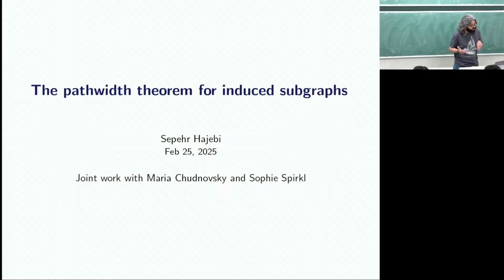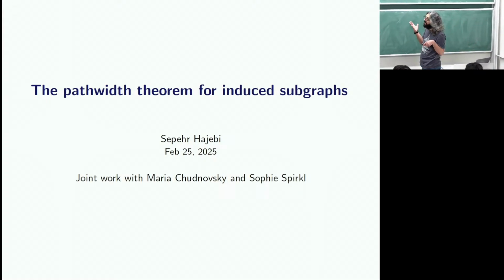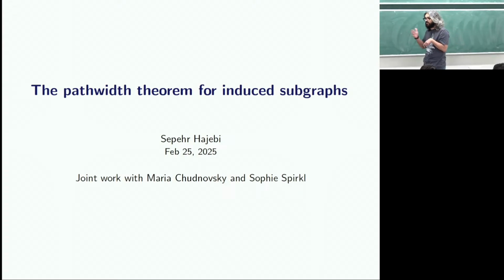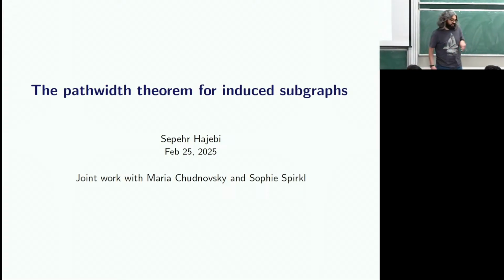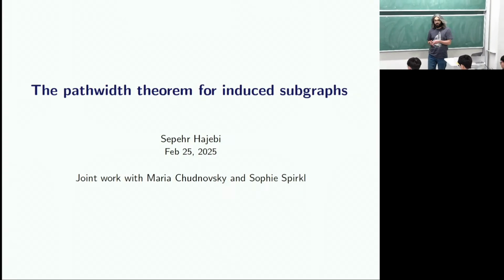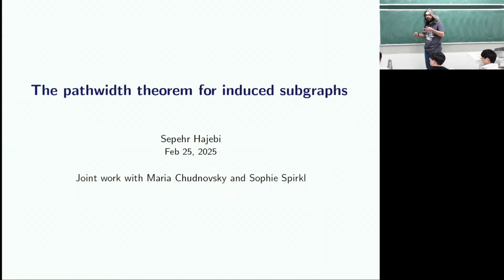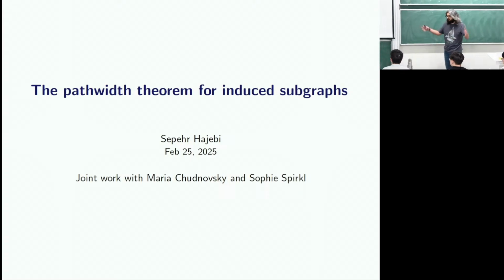So what we have been trying to do is, as far as I'm aware, among the very first attempts to get the heart and the brain to speak to each other. So, in induced subgraphs, we're almost always trying to understand how the global complexity of a graph manifests itself in its induced subgraphs that somehow share the same complexity gene, but they are far more structured than the host graph.